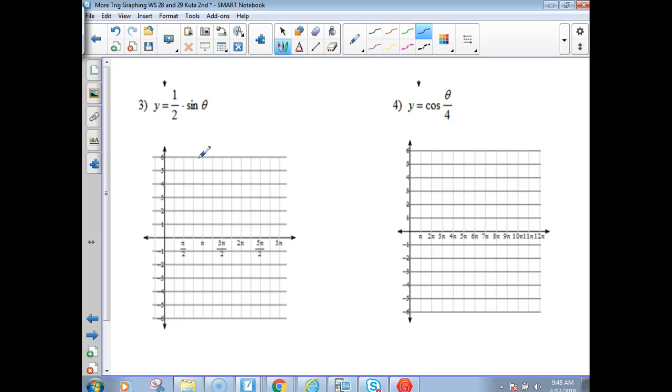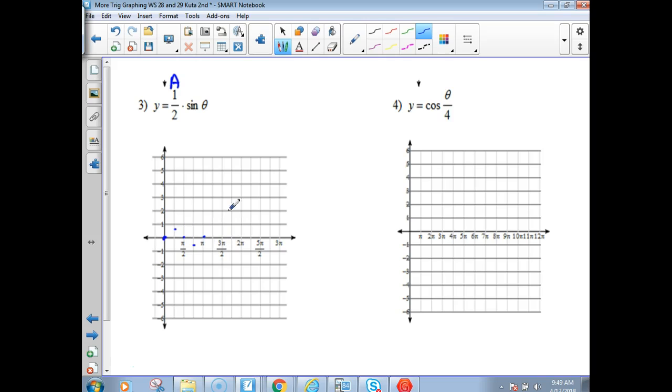Oh, that's the amplitude. Yep, that's A. So the amplitude is only a half. So it's going to be really a squished graph. Oh my gosh, how are you supposed to even put that on there, right? Just looks like this.